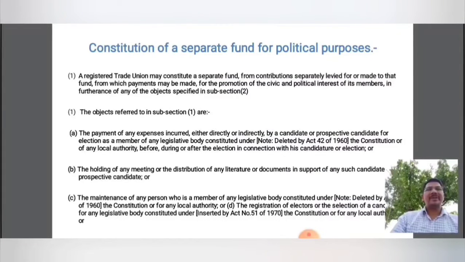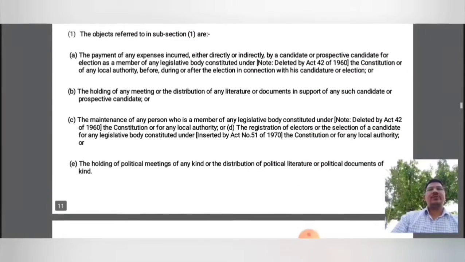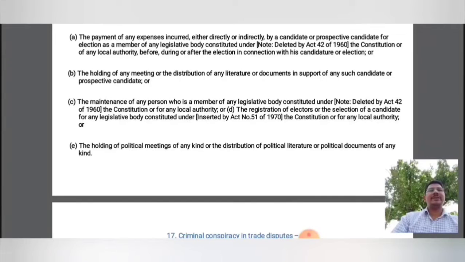The payment of expenses incurred either directly or indirectly by a candidate or prospective candidate for election as a member of any legislative body constituted under the Constitution, or of any local authority, before, during or after the election in connection with the candidature or election, or the holding of meetings or distribution of any literature or document in support of such candidate or prospective candidate.